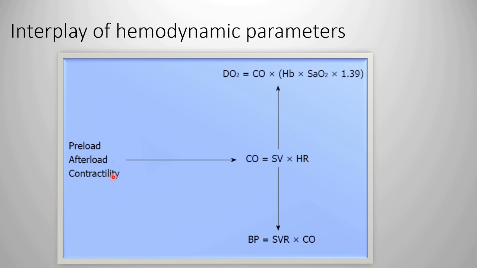And contractility is the relative inotropic state of the heart, how strong the contractility is, which can be measured non-invasively by echocardiography, giving your ejection fraction, eyeballing, or some other objective parameter.